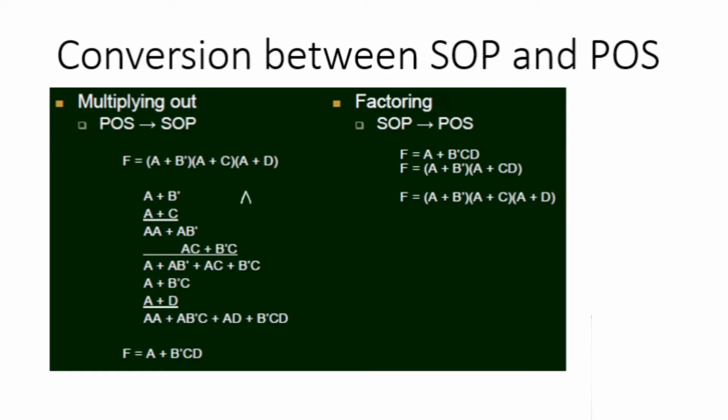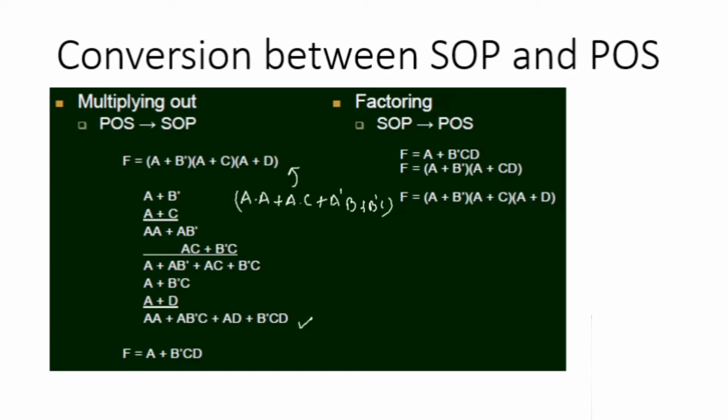If I do this A into my A, then A into C, A into C. Similarly, we can continue further and multiply. This B bar into A will become A bar B, and B bar into C will become B bar C. So multiplying this thing with now this thing, in the end I will be getting the minimized term as a SOP.